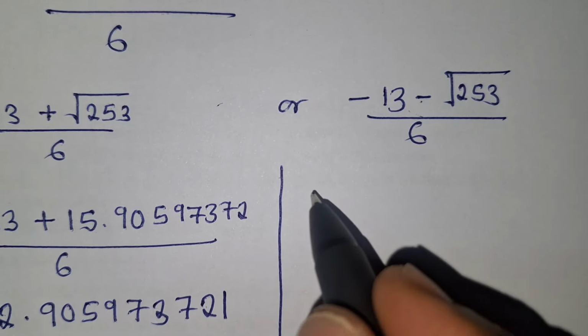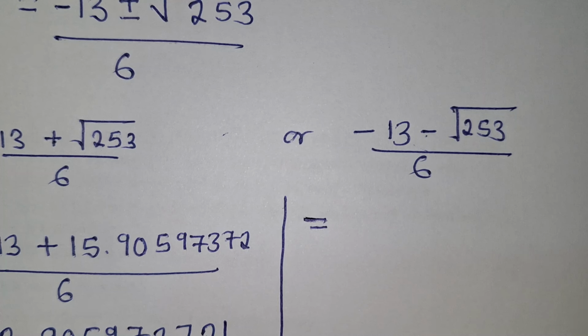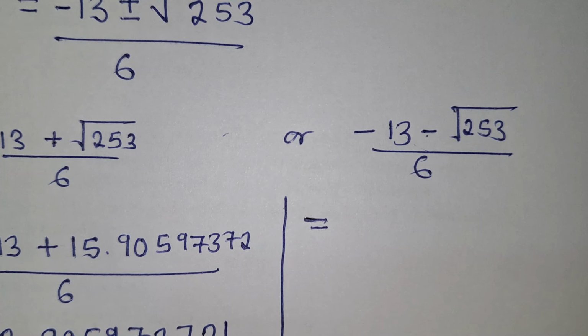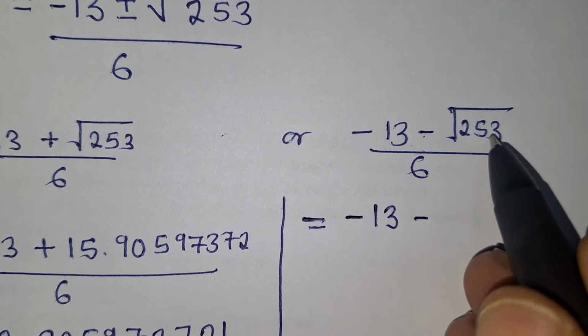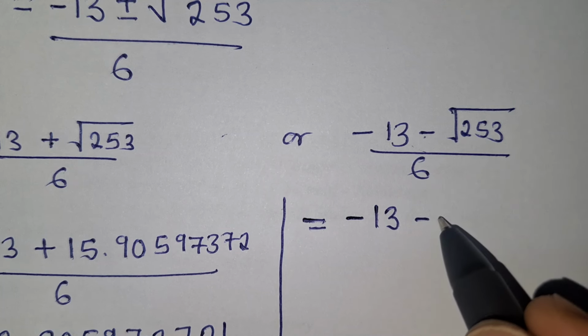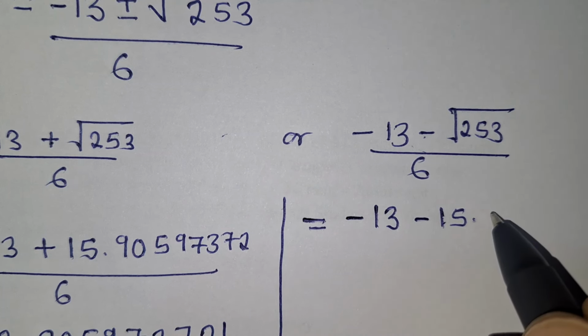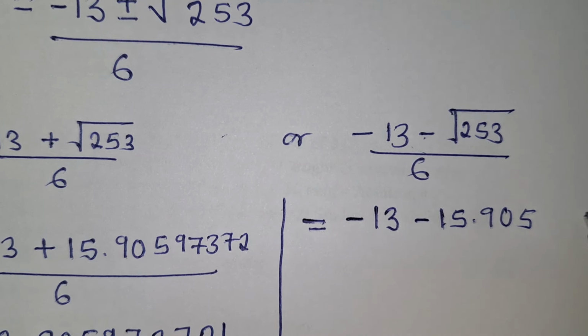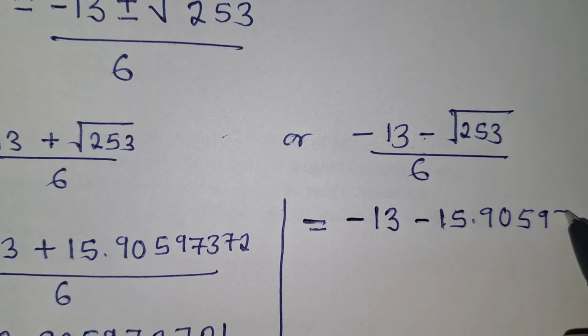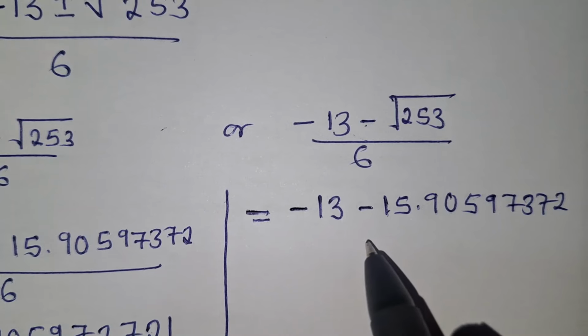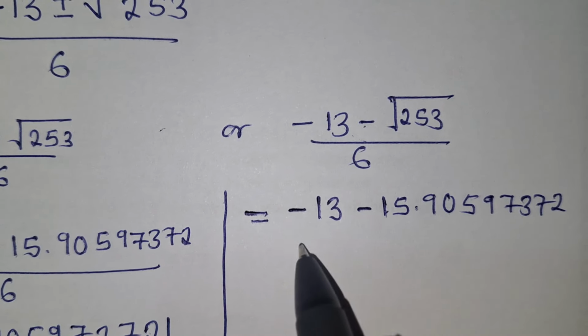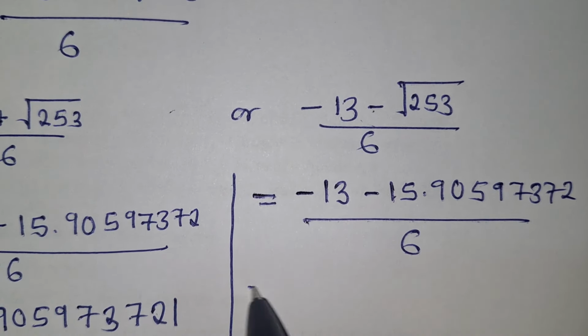For the other solution, we come right here, so say equal to, at this point, we shall say negative 13 minus the square root of 253, that is 15.90597372, okay? And then we say over 6.